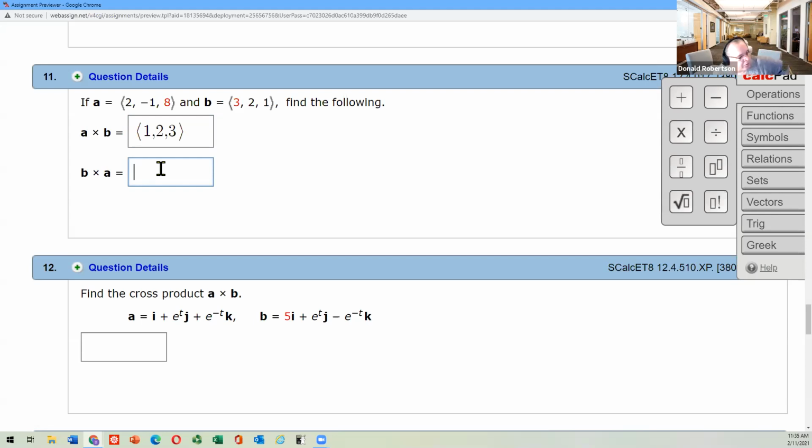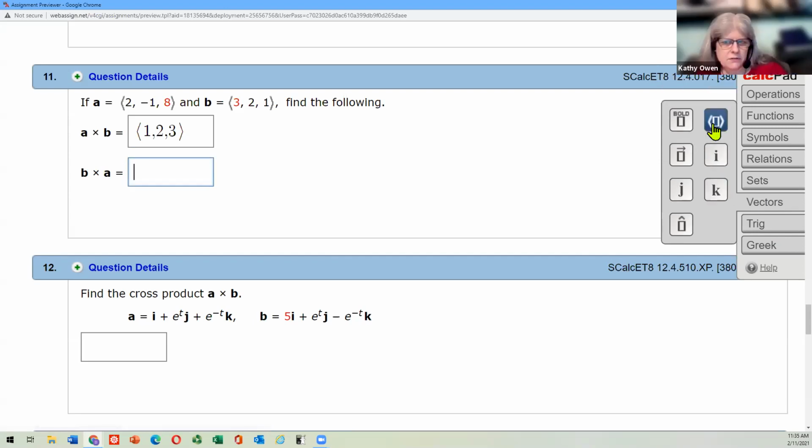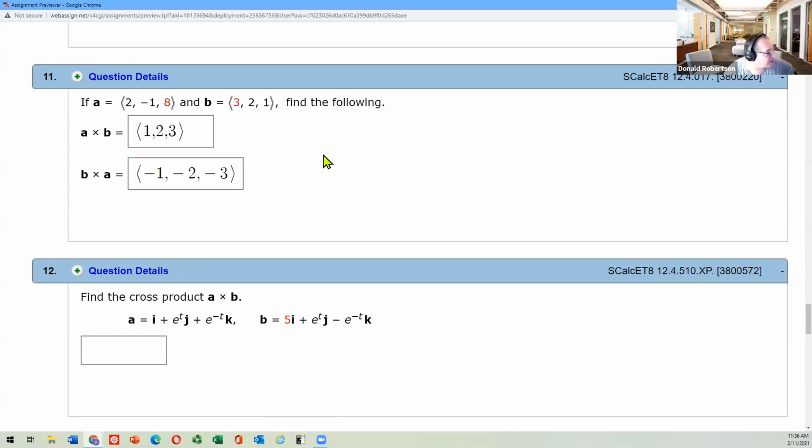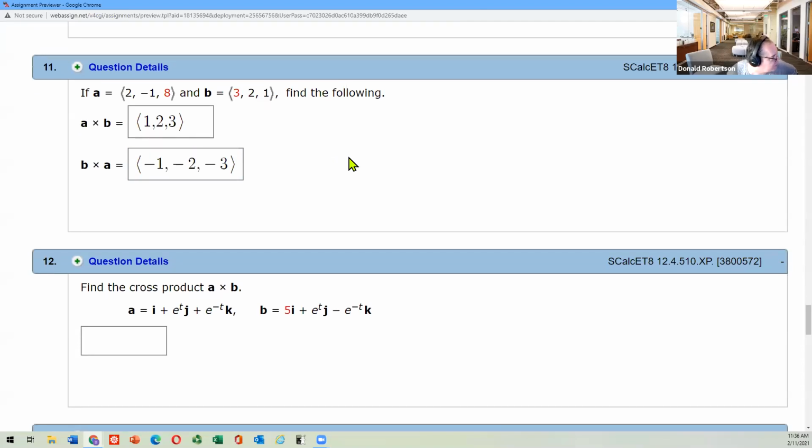What's the answer to B cross A going to be if I do it correctly? Negative numbers of those. Yeah. It's probably a good idea just to do that question, just to convince yourself.